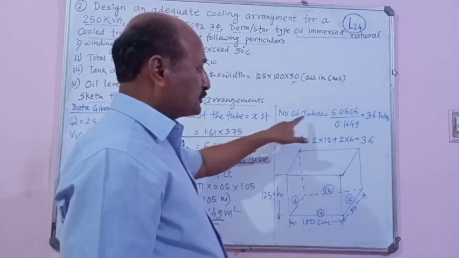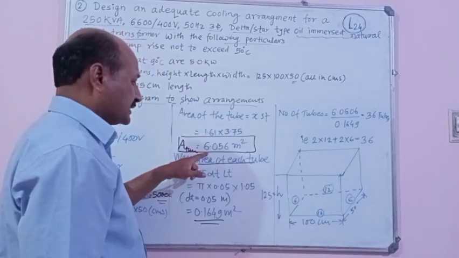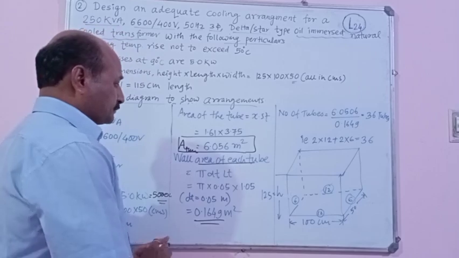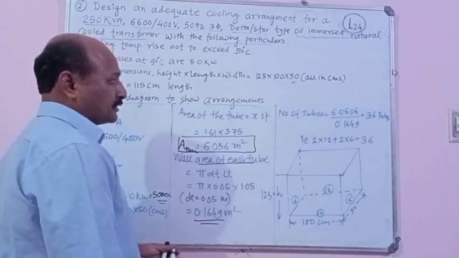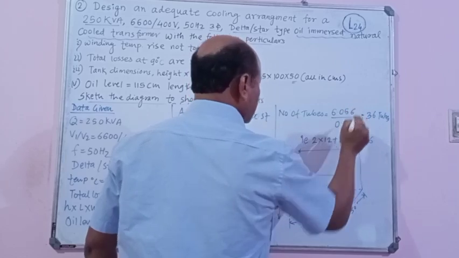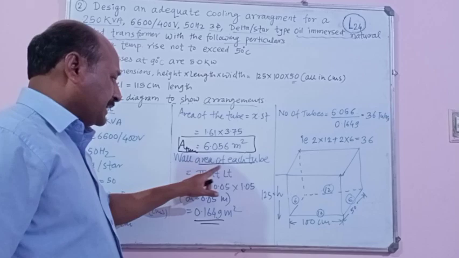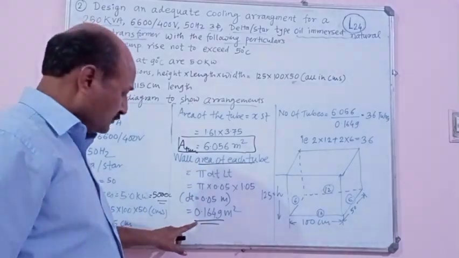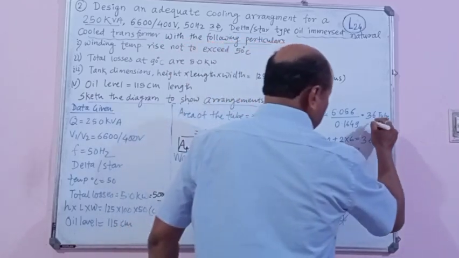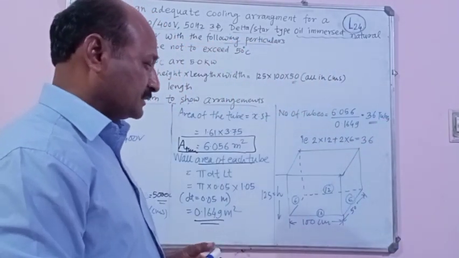So number of tubes equals area of tube, that is 6.056 meter square, divided by the wall area of each tube, that is 0.1649 meter square. So in this way, the total number of tubes required equals 36.